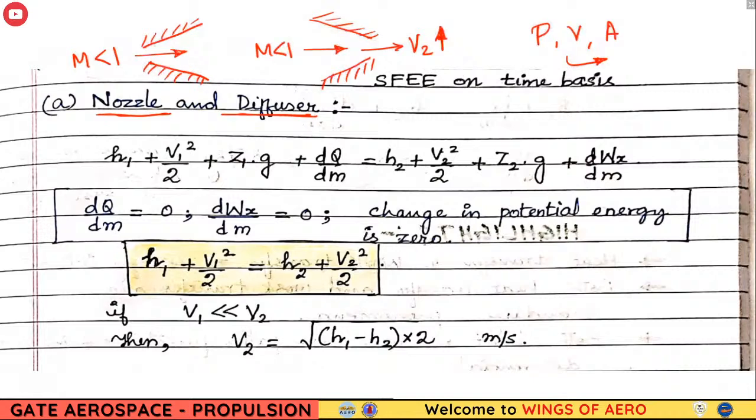For other high-speed vehicles like the ramjet or scramjet, the speed goes more than Mach 1, about 2 to 5, and in a scramjet it can be even more.